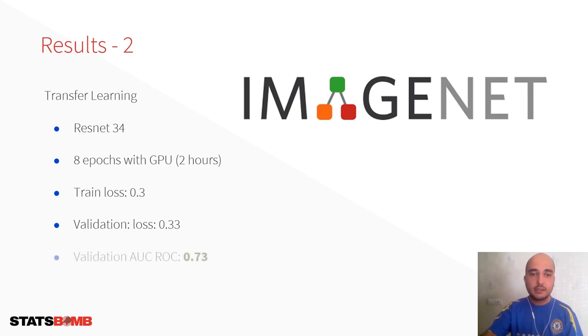And when it comes to the validation AUC ROC, we have 0.73. In the beginning of the study, we said if we can get 0.7 or above, we should be happy, and that's exactly the moment that we can be happy that we have a model that has met the objective that we have defined.